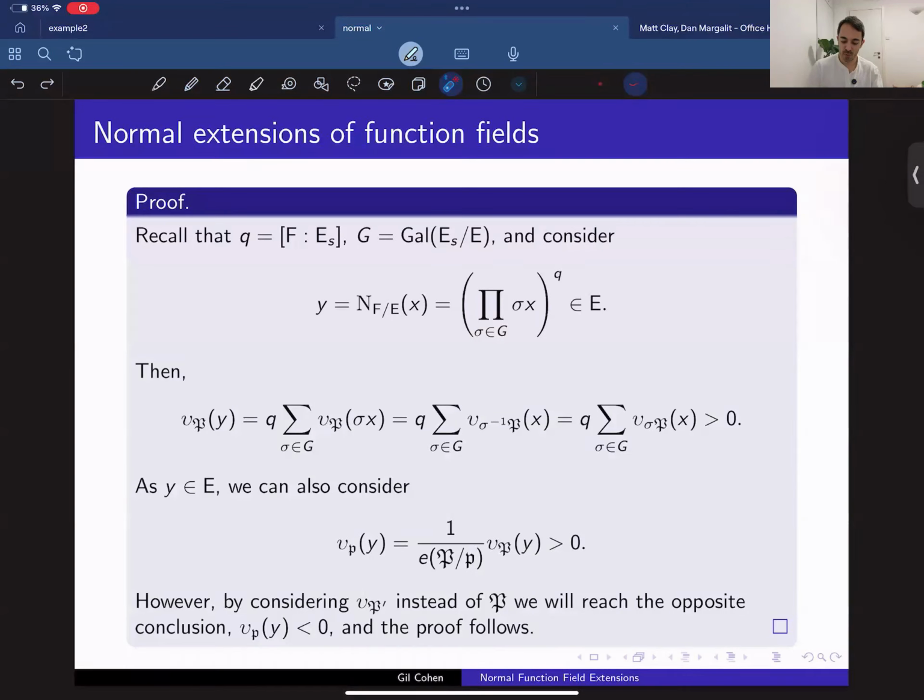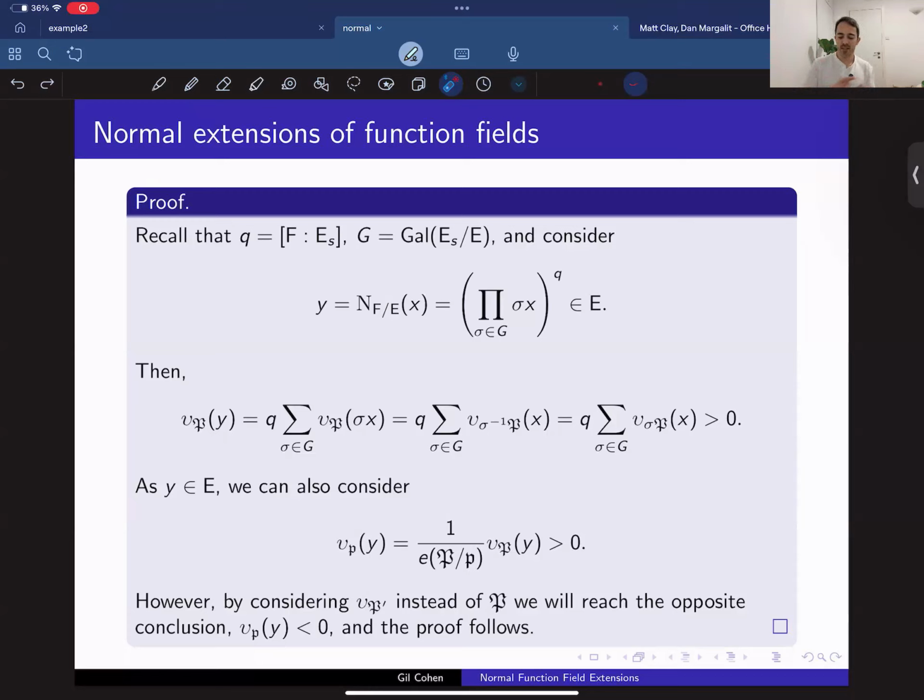So V of small p of Y differs from that only by the ramification index, which is at least one, so it is also positive. You just divide this number by a positive integer. So on one hand, the small p valuation of Y is positive.